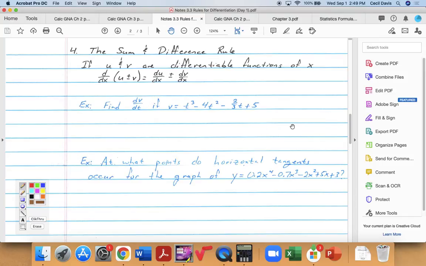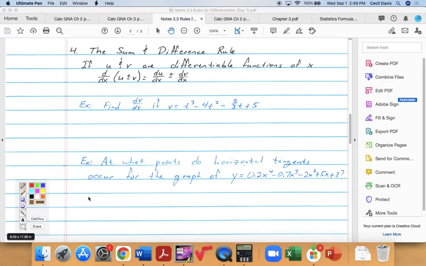So if we're taking the derivative of this polynomial function, we just do it term by term. Some people call it term by term differentiation. You're just taking the derivative of each individual term.